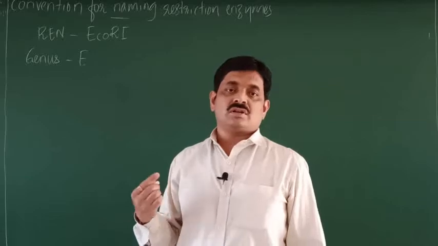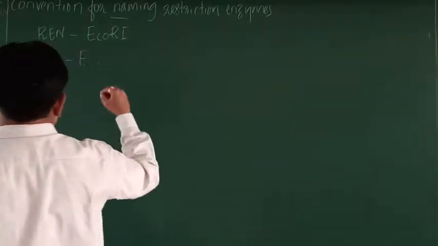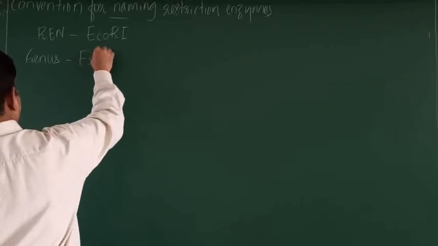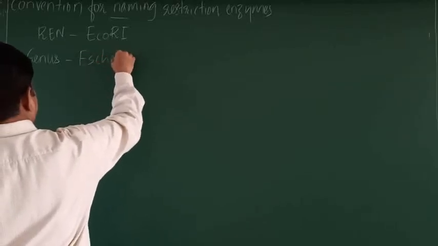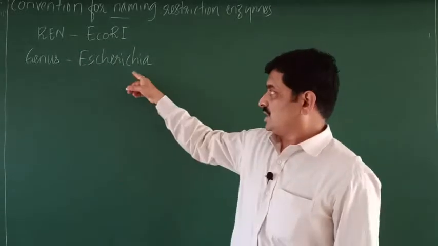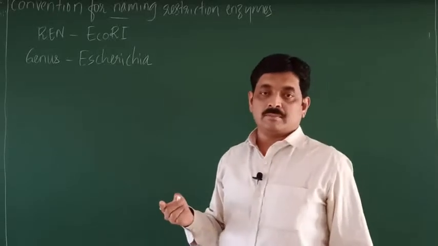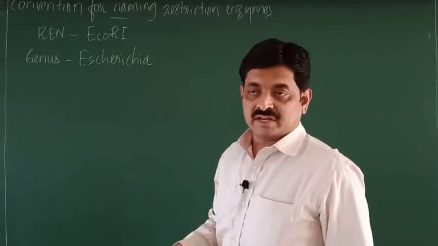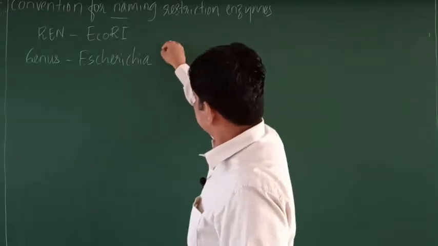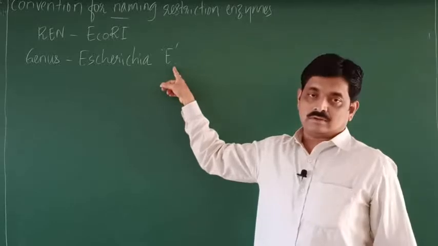The generic name of this bacterium is Escherichia. So Escherichia is the name of the genus, which can be abbreviated to E.